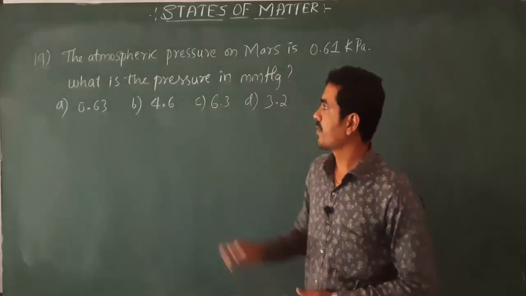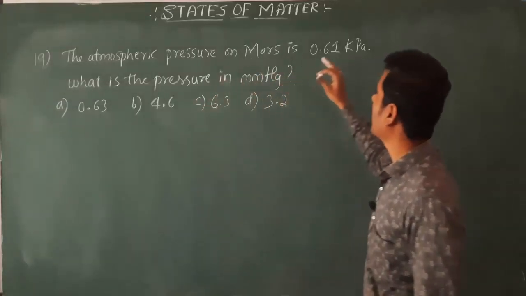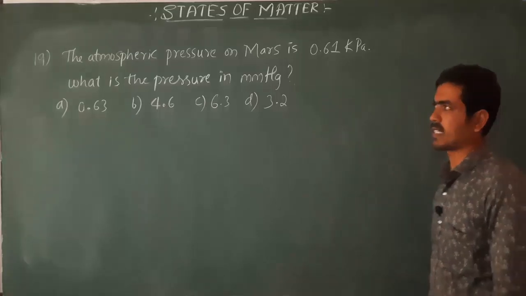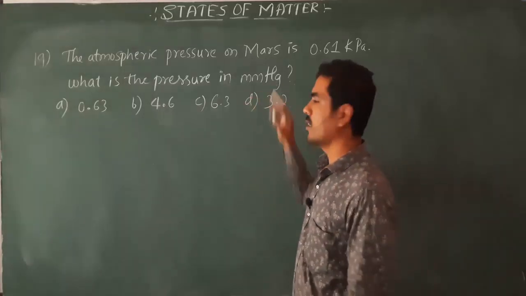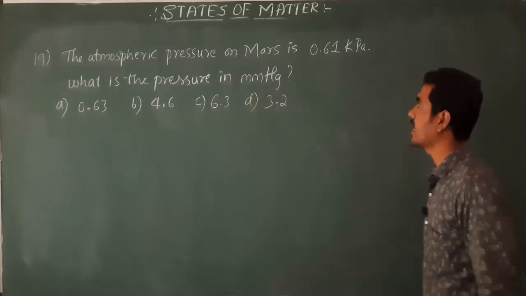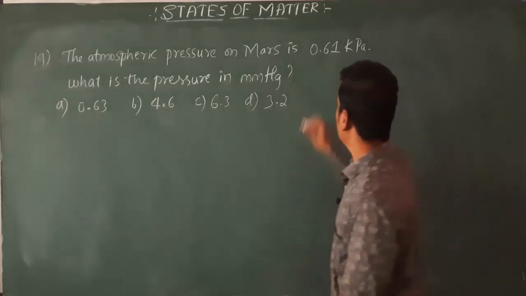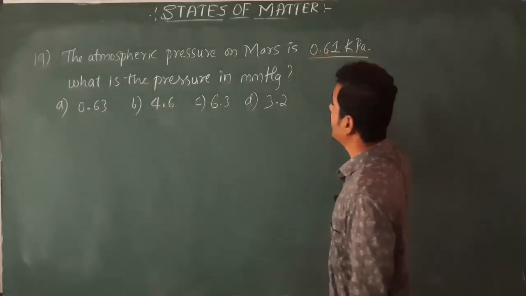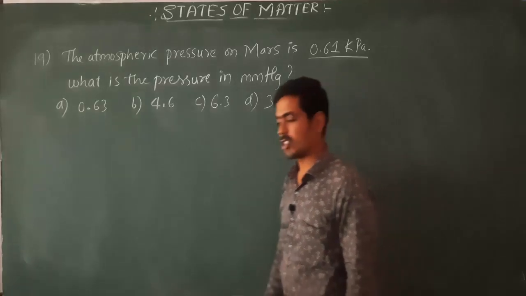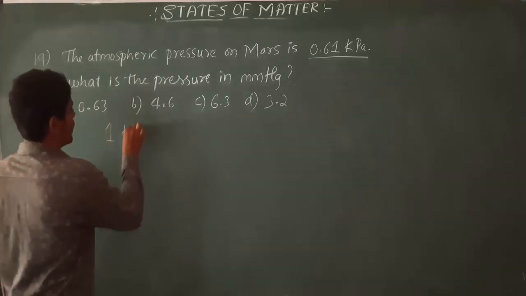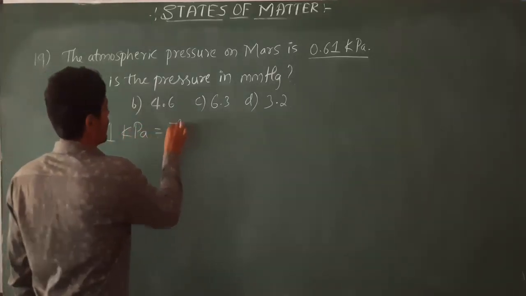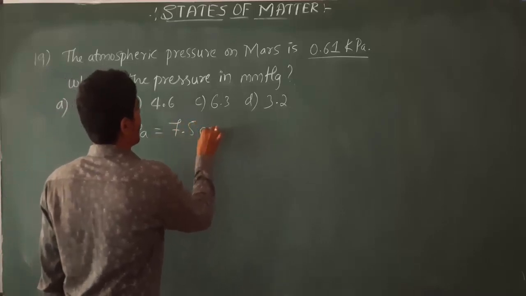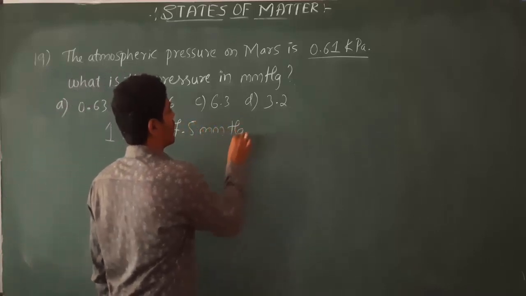19th question. The atmospheric pressure on Mars is 0.61 kilopascal. What is the pressure in mmHg? Here you should know the relationship between kilopascal and mmHg. 1 kilopascal is equal to 7.5 mmHg.